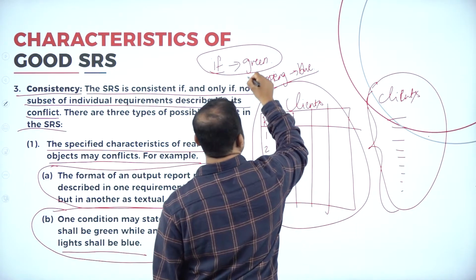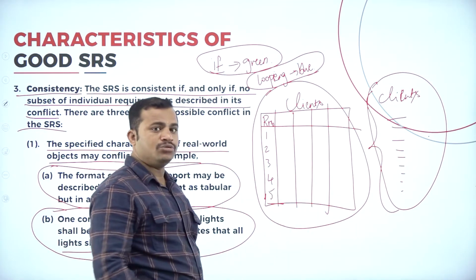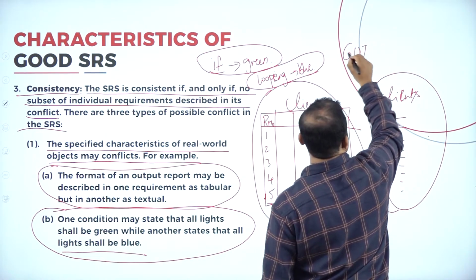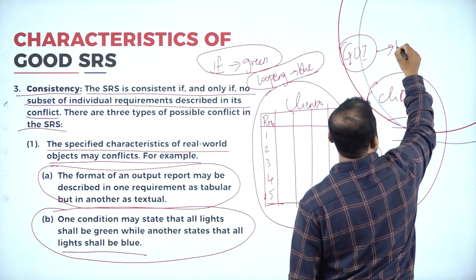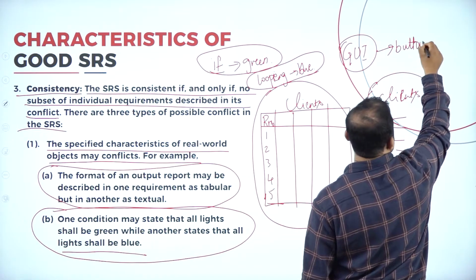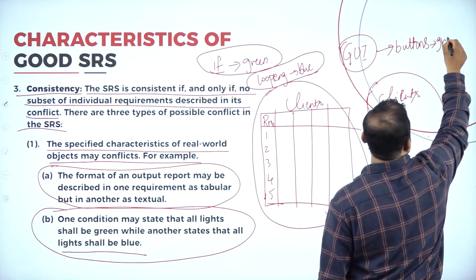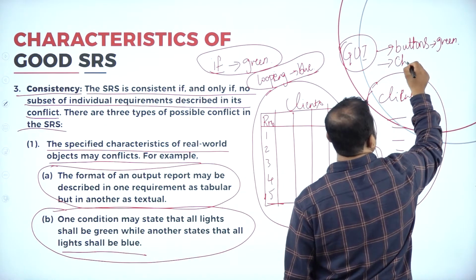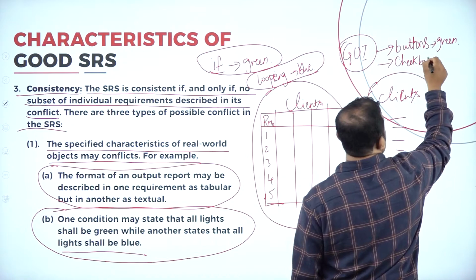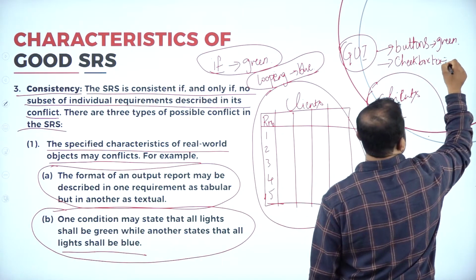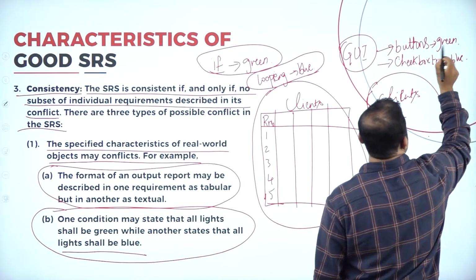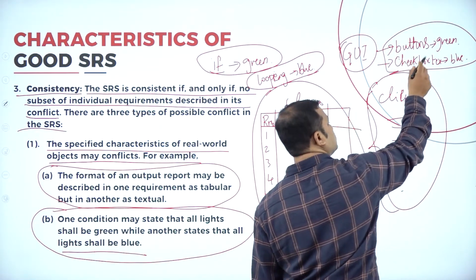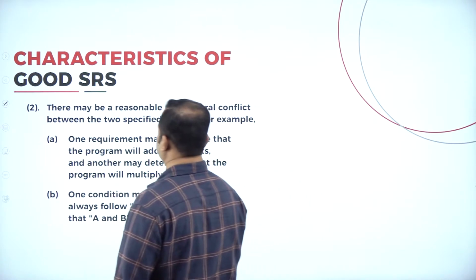This represents the use of a GUI, a graphical user interface, in which some of the buttons are represented in green color, and a few of the buttons are check boxes. Checkbox text is represented in blue color. If I use green color for both buttons and checkboxes, that becomes a conflict.